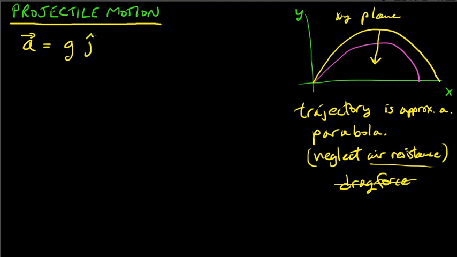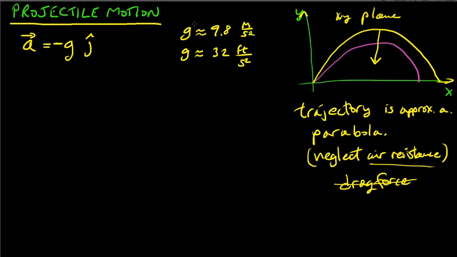So this is g times j, although since it's down, it's going to be negative. Y points upward, and x points to the right. g is approximately 9.8 meters per second, or approximately 32 feet per second. Oh, sorry, per second squared. Professor Guy would kill me if he saw me do that.